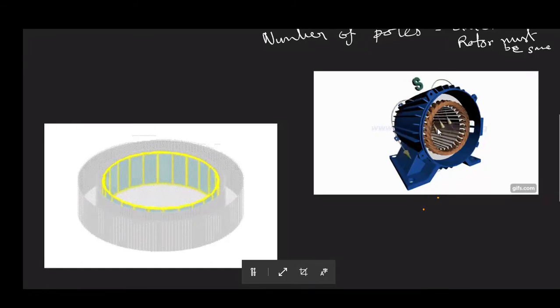Now there is a change in flux associated with the conductors, and therefore an EMF will be induced, and because these yellow conductor bars are shorted by the end ring, there will be a flow of current through them, and that current will produce a torque so as to make the rotor rotate.